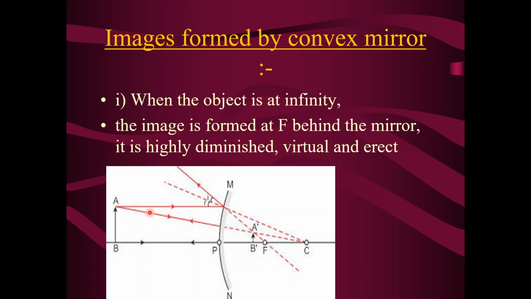Another ray is coming out of the object. On extending, it appears to come from the center of curvature after reflection. So where is the position of the image when these two rays are meeting? Behind the mirror. They are meeting behind the mirror. And what is the nature? Virtual, erect, size highly diminished.